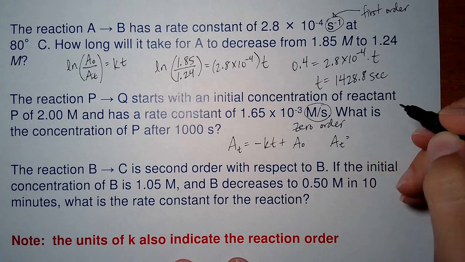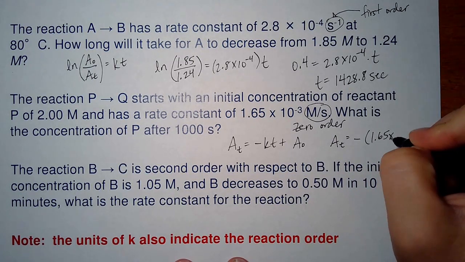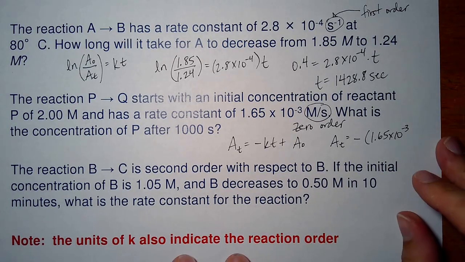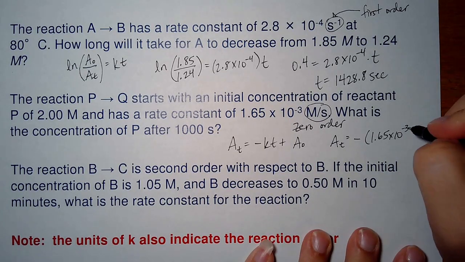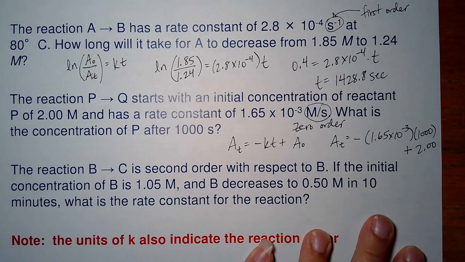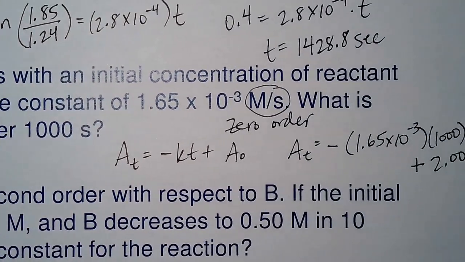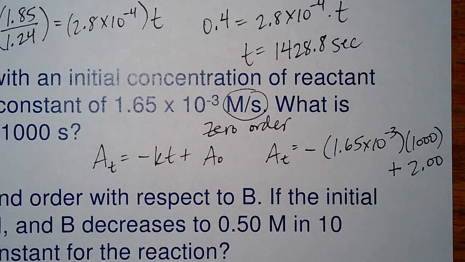We're given K, 1.65 times 10 to the minus 3. Our T is 1,000 seconds, plus 2, which is our A naught. Alright, so we've set up our equation. Now we can just do our math because we're just solving for the AT.